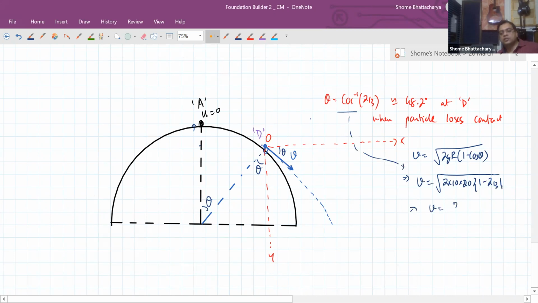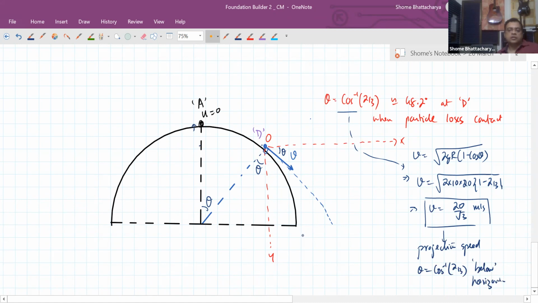So v is 20 by root 3 meters per second. So this v that we have becomes the projection speed. Okay. And theta is the angle below the horizontal.